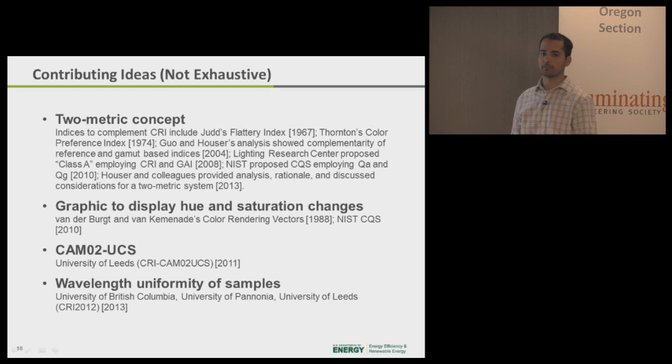And then wavelength uniformity of samples. We don't want the samples to unduly bias the results. Say there's certain wavelengths that are particularly important with CRI. We want to have that neutral, so it's an average representation of the world, rather than a skewed, very small sample that you can tailor a light source to do really well for just those samples, but it might not do well when it's actually installed out in the world.